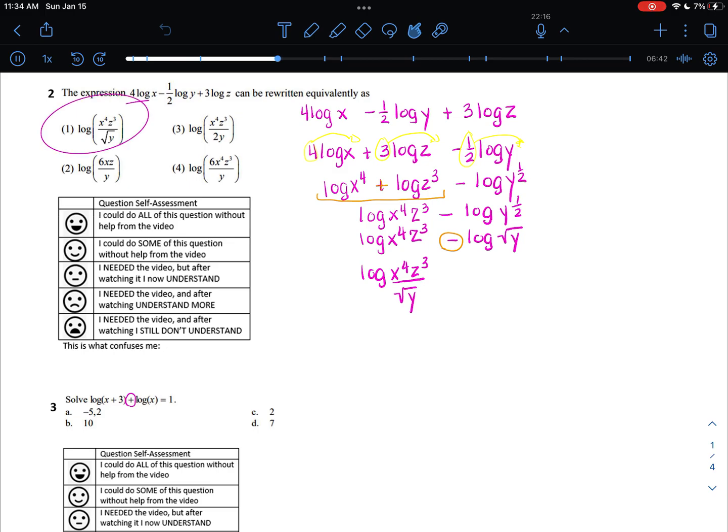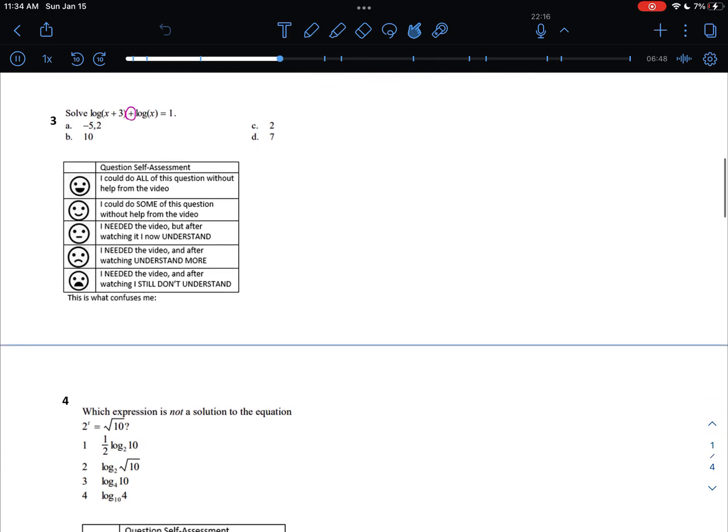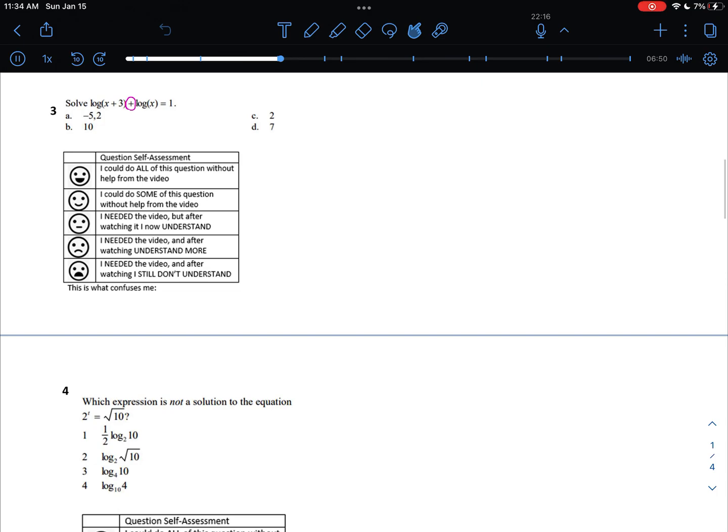So we're done. We're on to number 3, and number 3 is solve log of the quantity x plus 3 plus log of x equals 1. And I've already circled my plus sign there because it's going to remind me that I'm going to be doing the product rule.